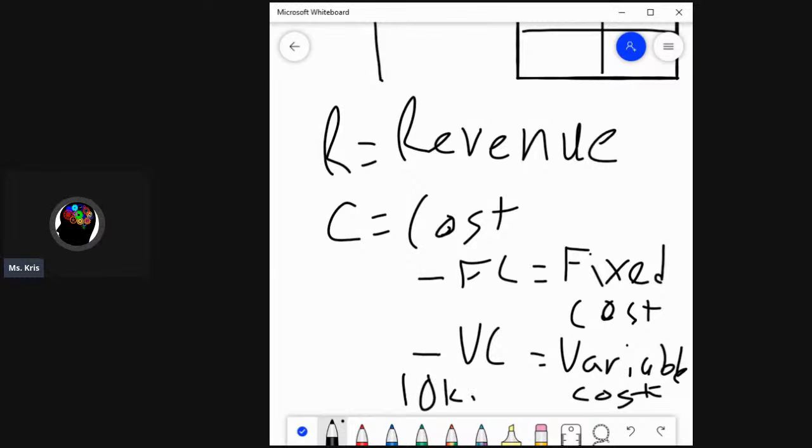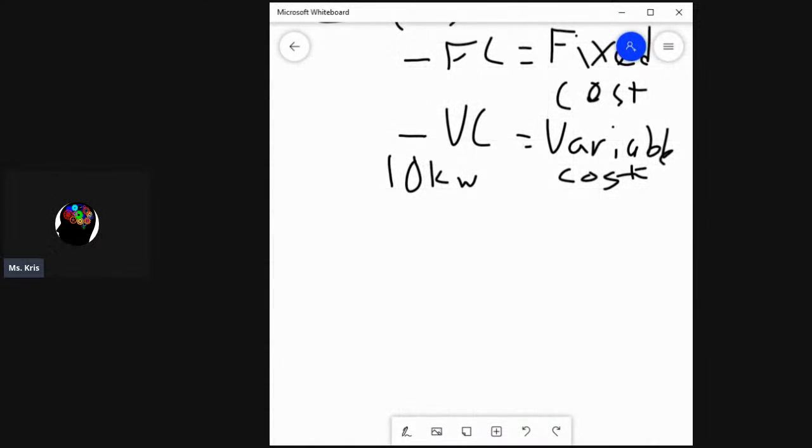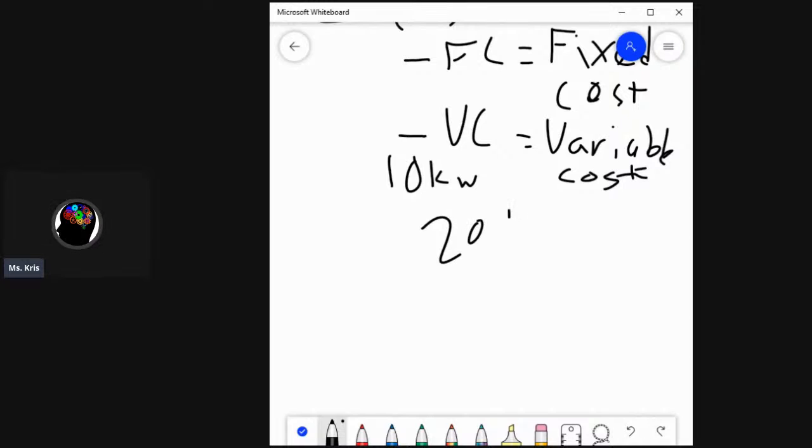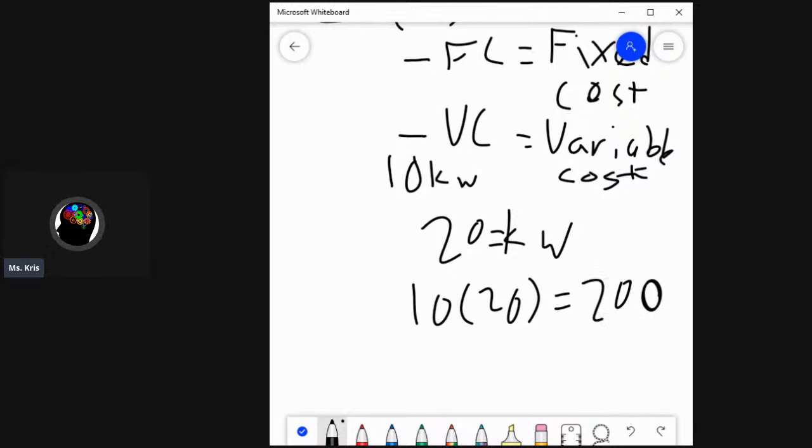So it'll be 10 per kW because it's $10 per kilowatt. Say you have energy of 20 kilowatts within your business for the month. Then you'll take that 10 multiplied by 20, and your variable cost for lights would be $200. And this is what they mean when they say write an equation if necessary and define what each variable represents. Just an example for that.